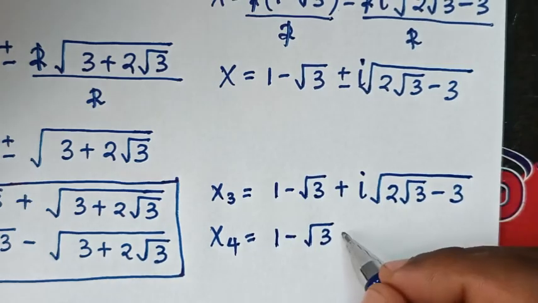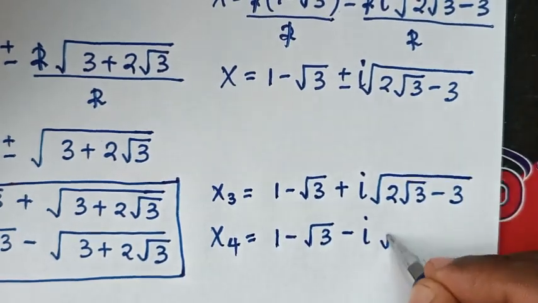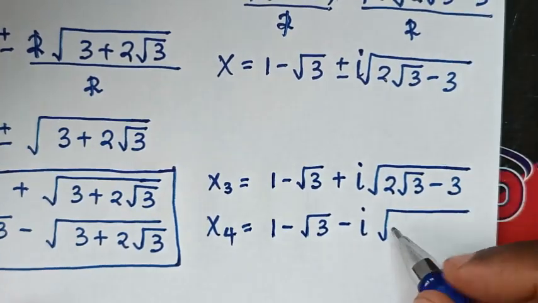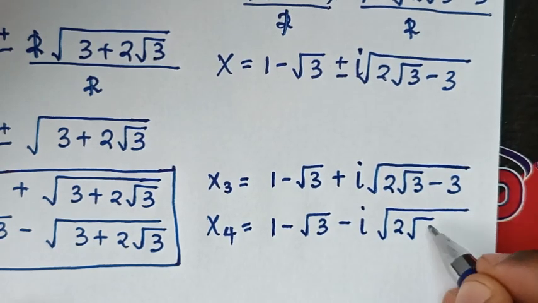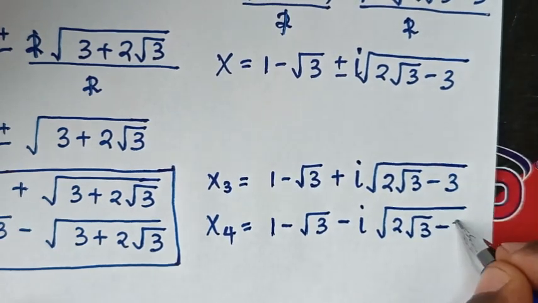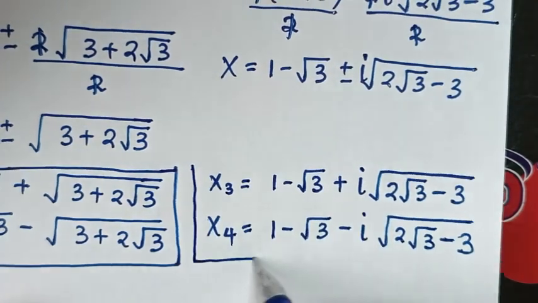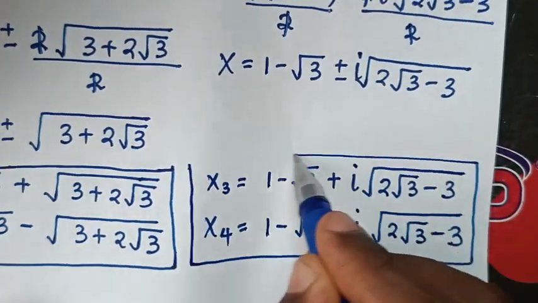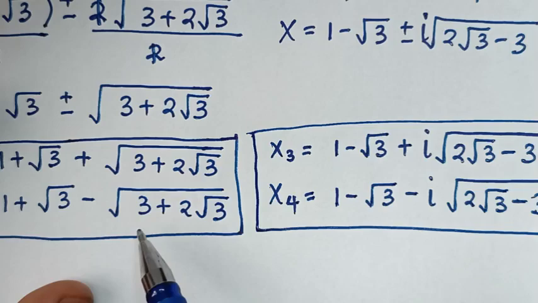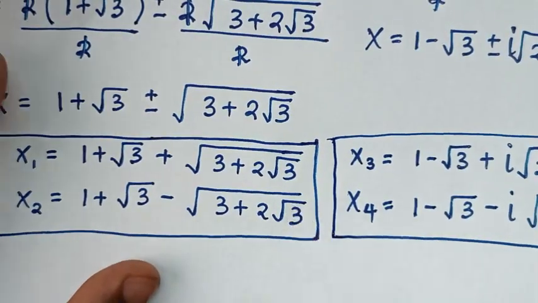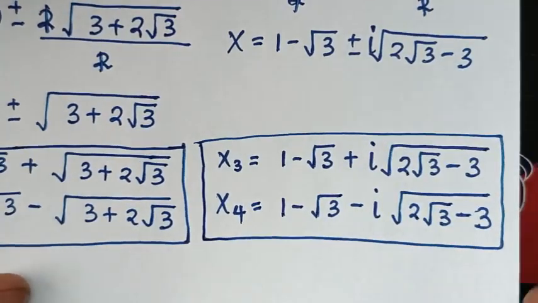Here when it is negative, it will be minus i square root of 2 square root of 3 minus 3. So here these are the two complex solutions. So we have two real solutions, which are this and these complex solutions.